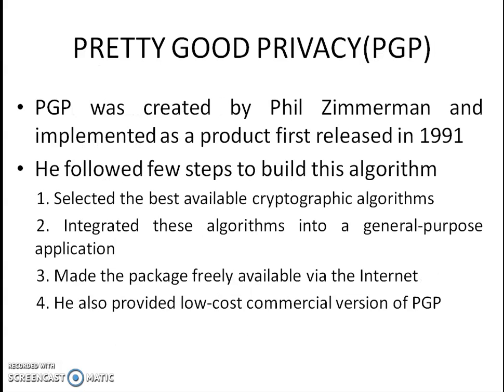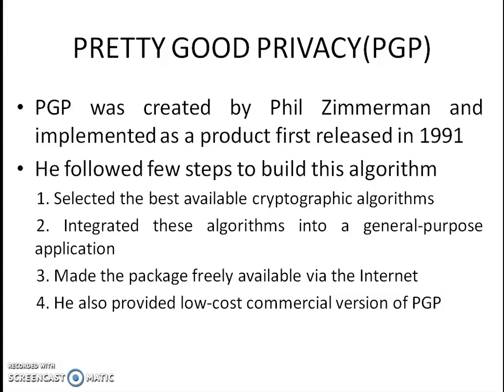Starting with the introduction, Pretty Good Privacy or PGP was first created by the American cryptographer and computer scientist Phil Zimmermann, and he implemented this as a product for email security, which was released in 1991.